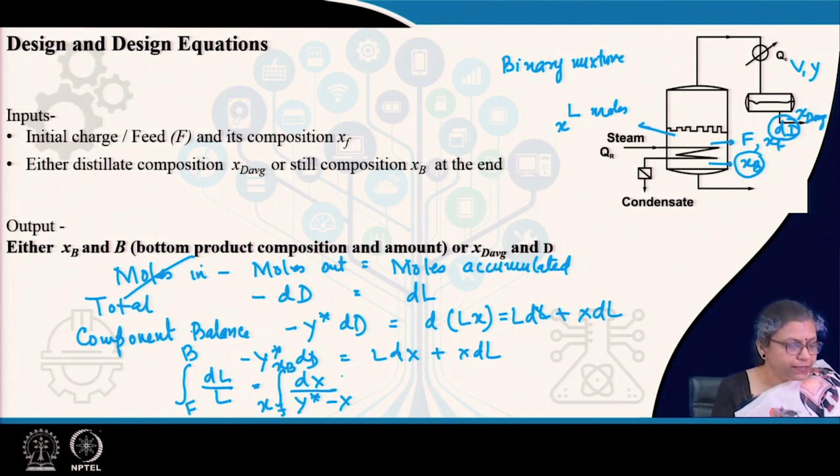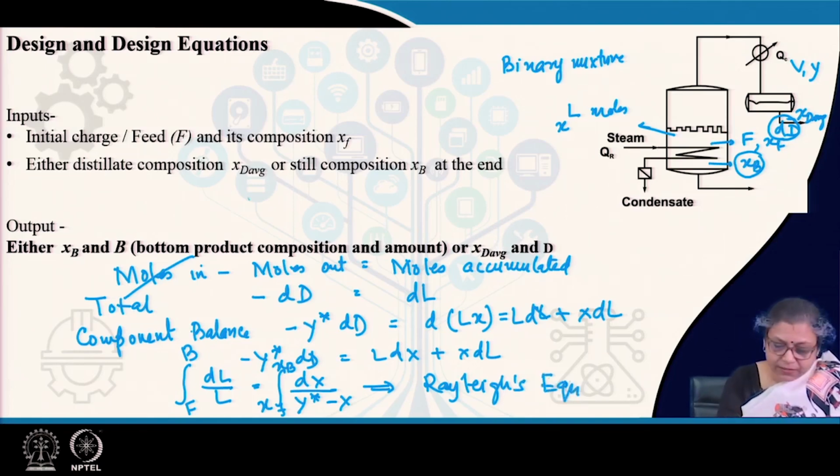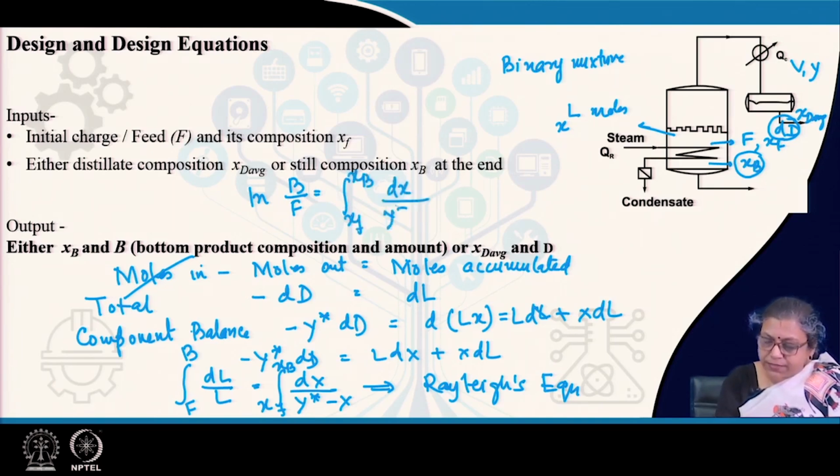So, this gives you the famous Rayleigh equation. If we integrate it, we get ln B by F equals the integral from xF to xB of dx by y star minus x. So, if we want to find out B, then we need to integrate it.